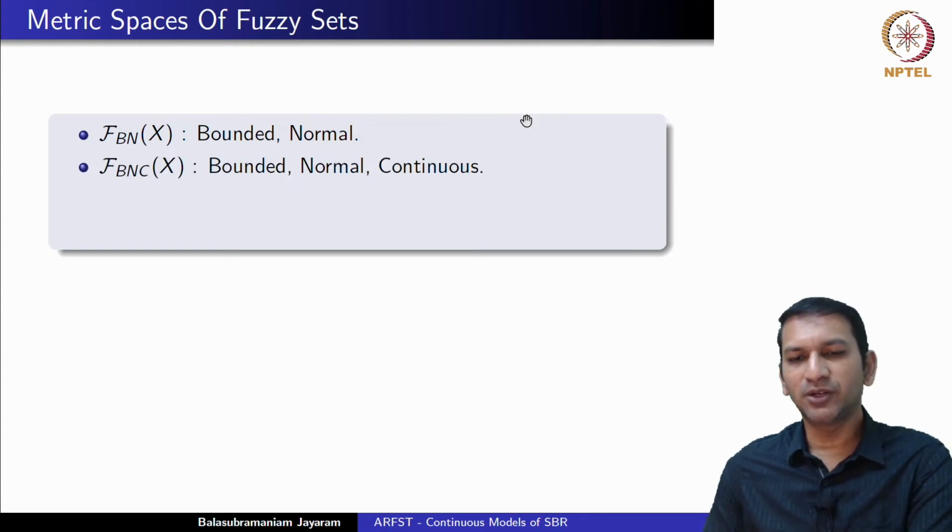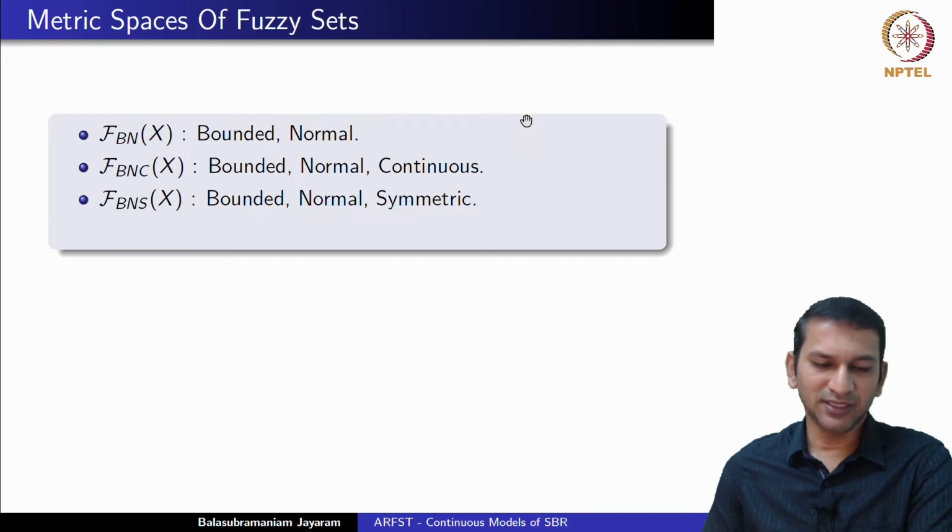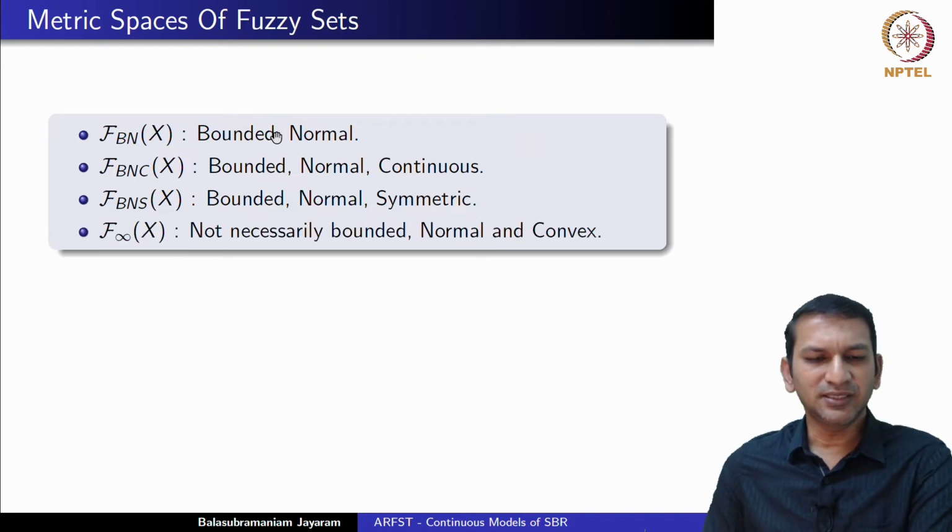FBNC would mean bounded normal and continuous fuzzy sets on x. BNS would imply bounded normal and symmetric fuzzy sets. And by this F infinity of x, we consider the set of all normal and convex fuzzy sets defined on x, but they need not necessarily be bounded.